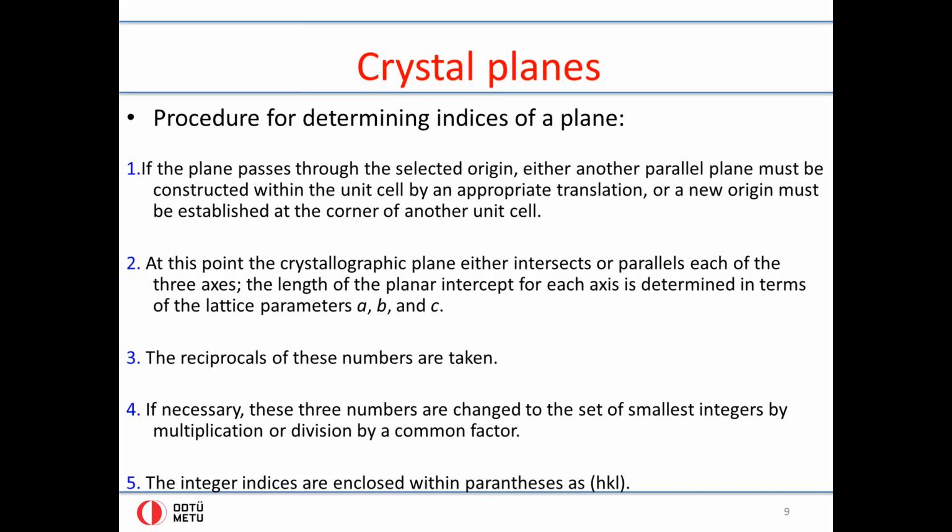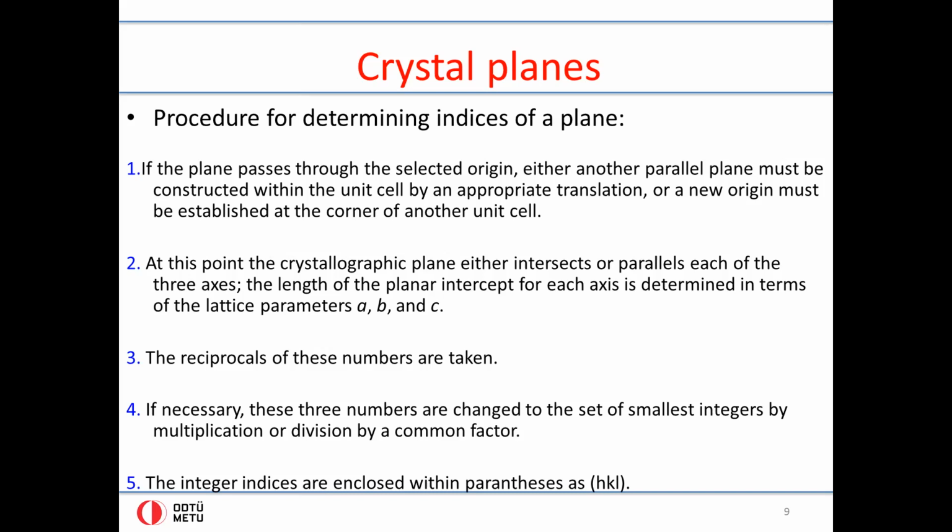When this first rule is satisfied, then the crystal plane either intersects or parallels each of the three axes. So it might cut through X, Y, and Z and have an intercept, or it might cut through two of them and have one intercept, or it might cut through one of them and have one intercept and be parallel to the others. So the length of the planar intercept for each axis, again, along the X, Y, and Z, is determined in terms of the parameters A, B, and C, the lengths of the unit cell, the lattice parameters.